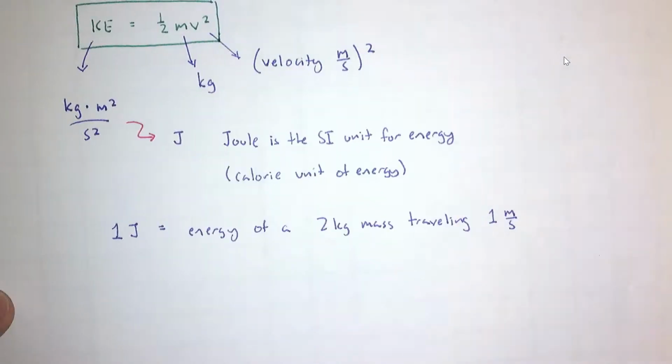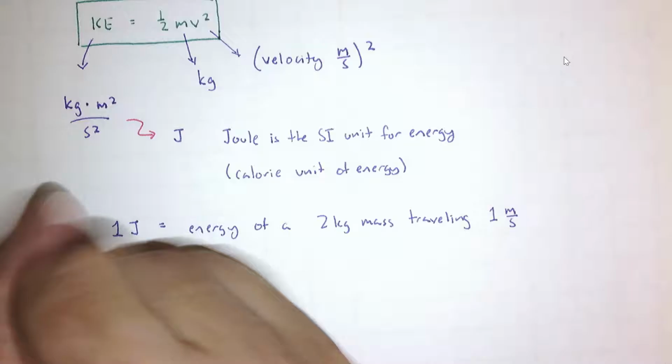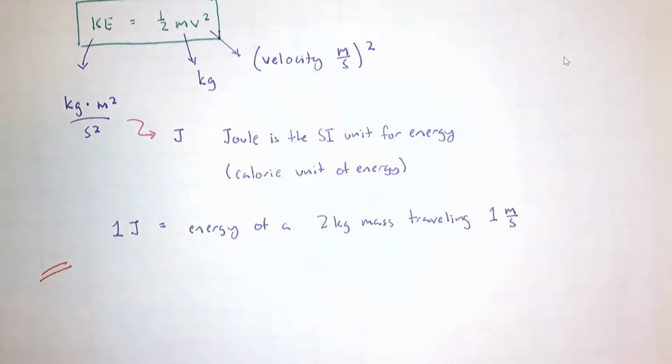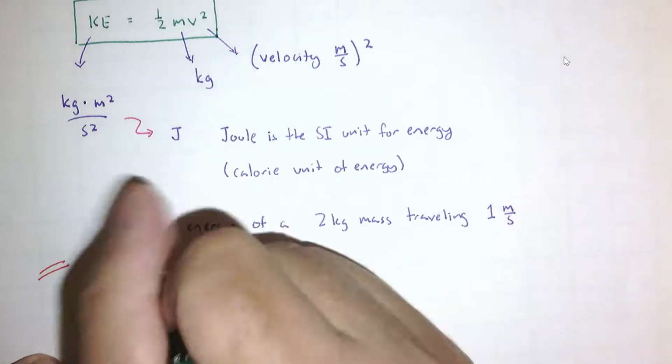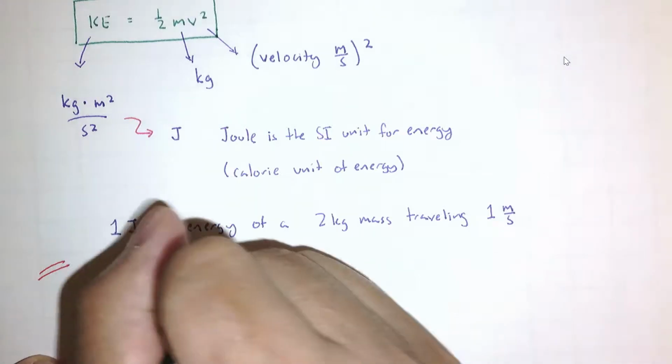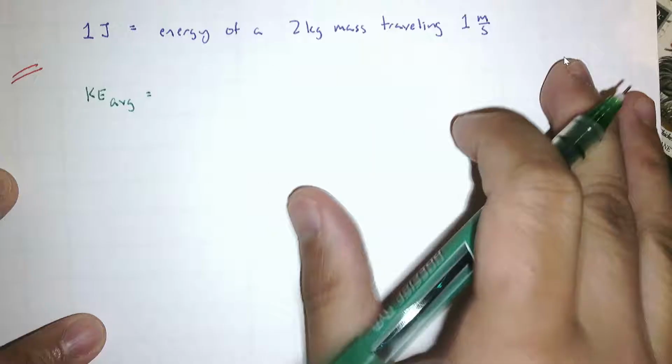Okay, next thing. Kinetic energy can also be related to temperature. Our next equation, which we're not going to use a lot in this unit, is the average kinetic energy equals 3/2 RT.